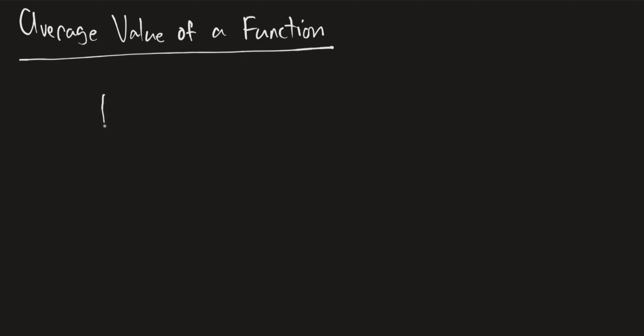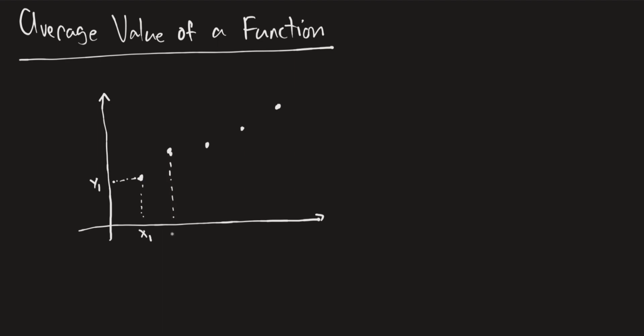So take a look at this plot. I'm going to plot some ordered pairs. Let's say they're like this, and let's say this x1 corresponds to y1, x2 corresponds to y2, and so on.